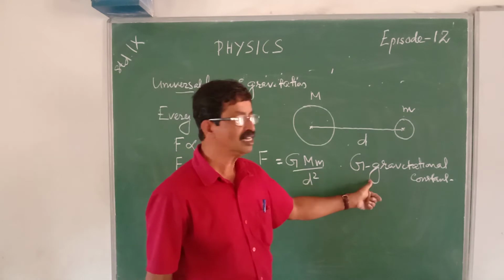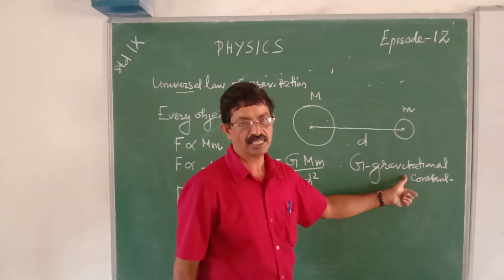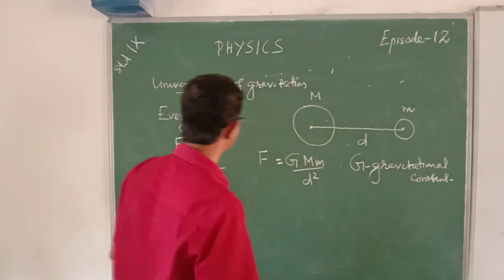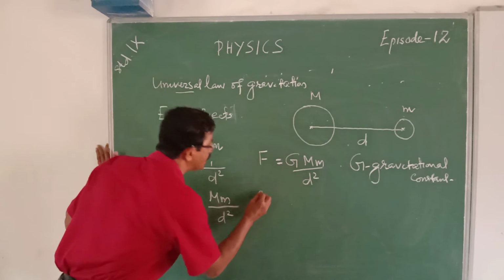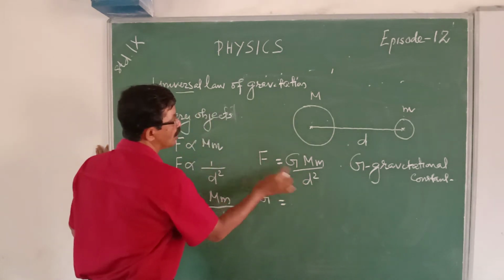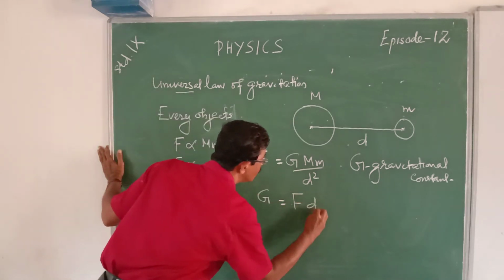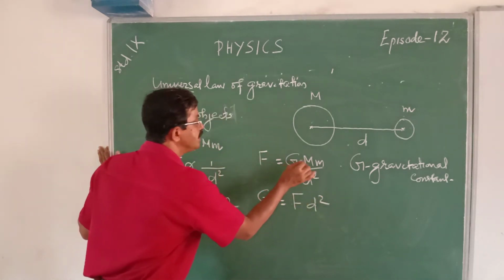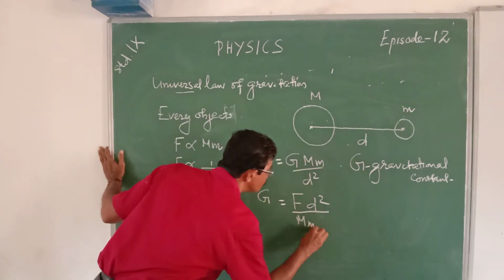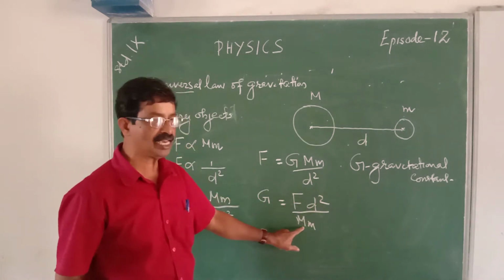We can find its unit from this relation: G is equal to F and d square together, with M m going down. So G is equal to F d square by M m.